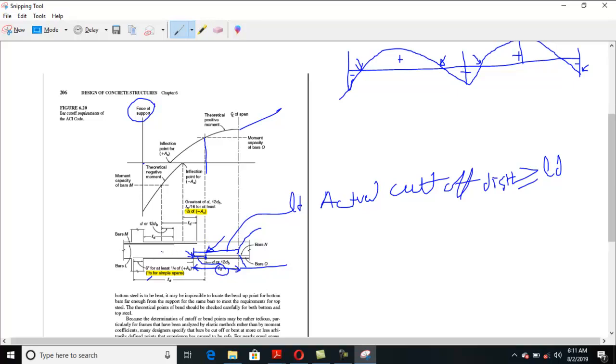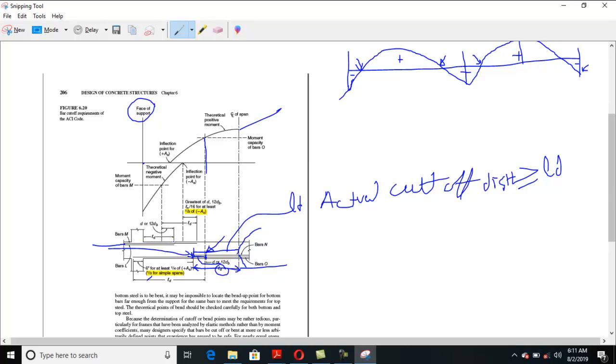And similarly, for negative reinforcement, you see this detail. The bars which are coming out from this direction should be continued for a distance of LD.